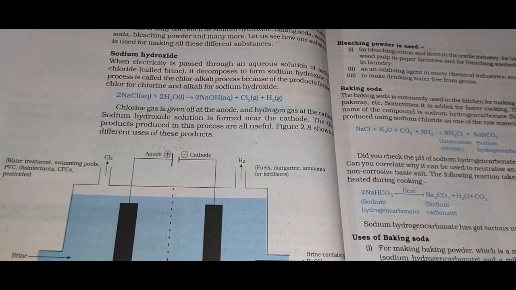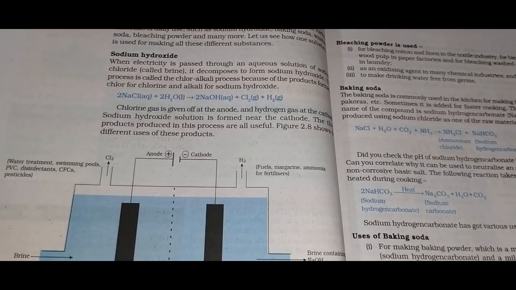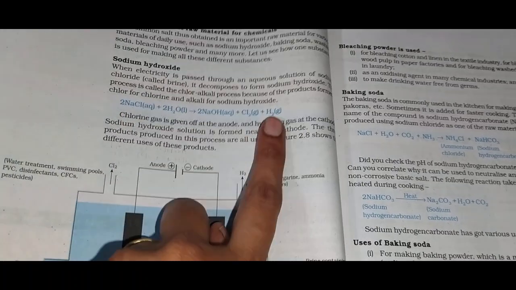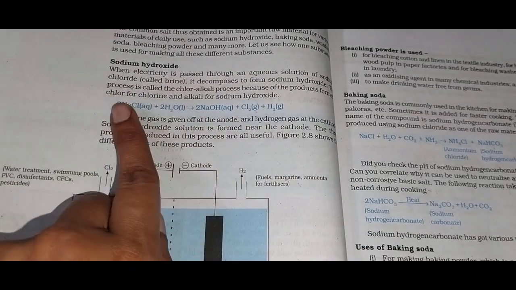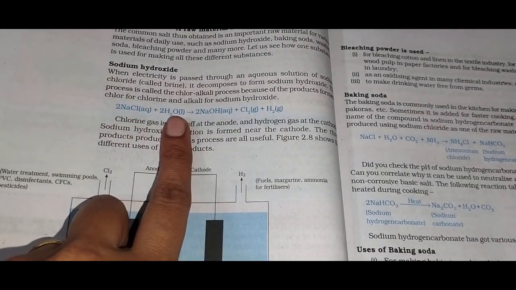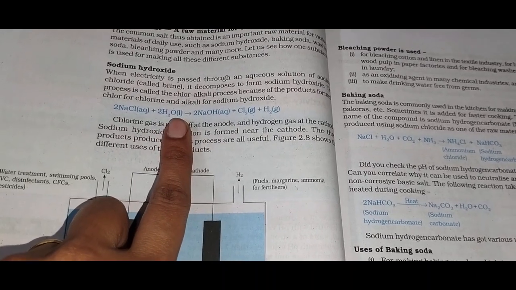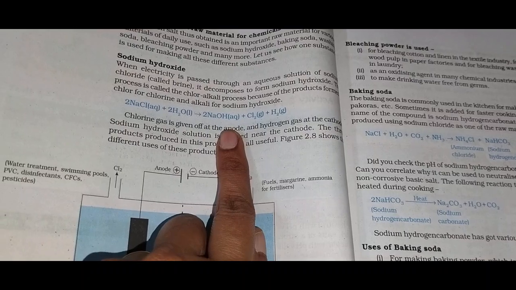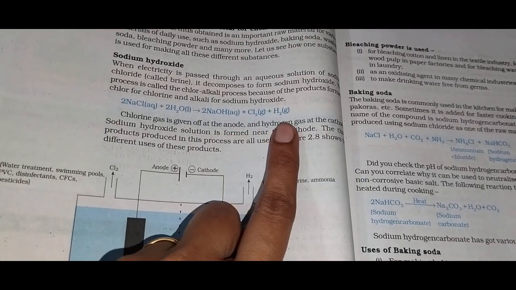Why is it called so? Because the products obtained are chlor, meaning chlorine, and alkali, which is sodium hydroxide. So NaCl, when we make it aqueous by dissolving it in water and a current is passed, forms sodium hydroxide plus chlorine plus hydrogen.